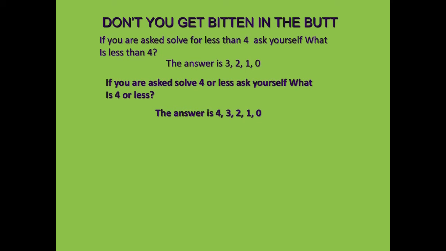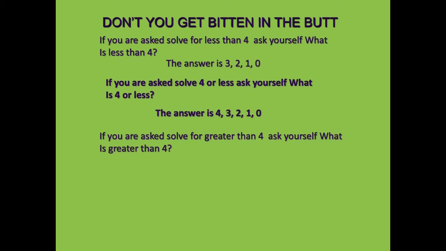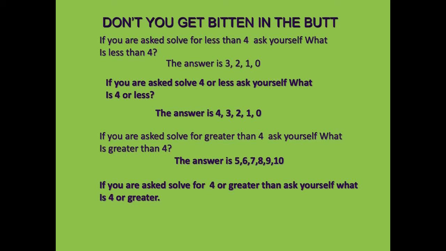If you're asked to solve on the greater side, what is greater than 4? Well, we know there was only a total of 10 people in the sample. So the answer is all the numbers greater than 4: 5, 6, 7, 8, 9, and 10. Likewise, if you're asked to solve for 4 or greater, this time you have to include 4: 4, 5, 6, 7, 8, 9, and 10.